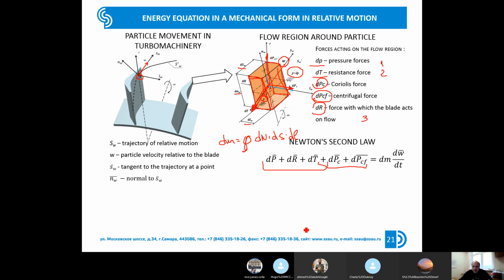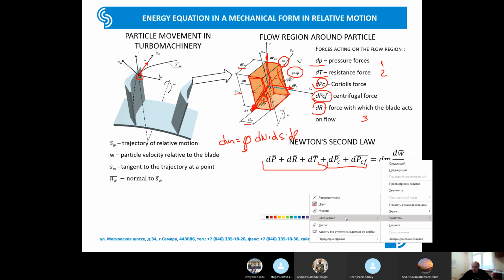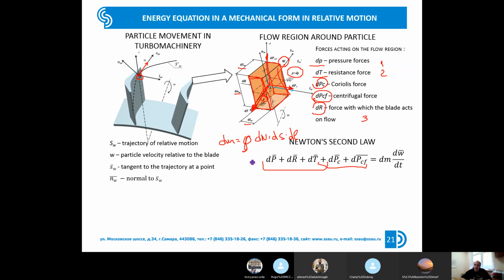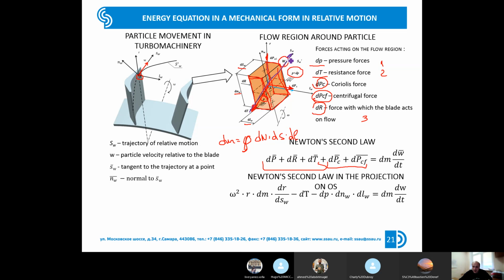Of course, this is a vector equation, and it's not very convenient to work with a vector equation. That's why we will project our equation, I mean Newton's second law, onto the axis w, like in the case of the Bernoulli equation.